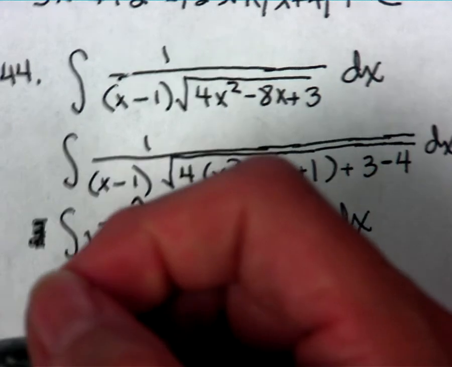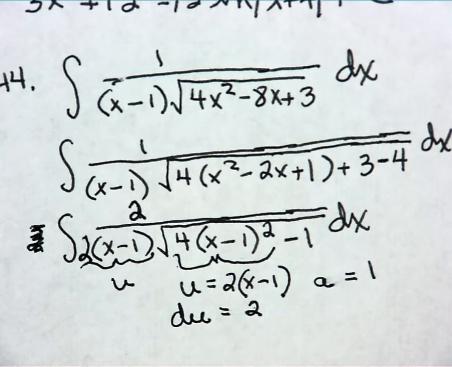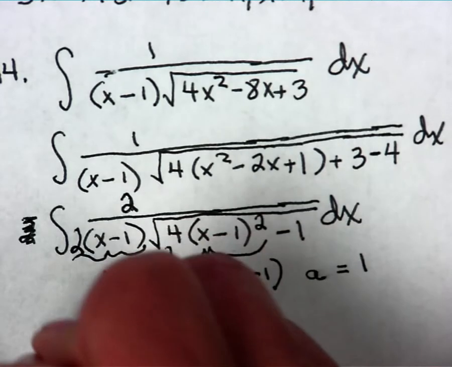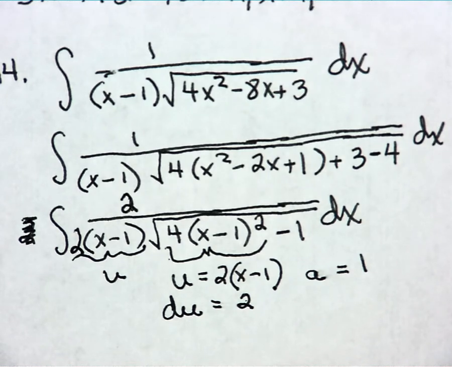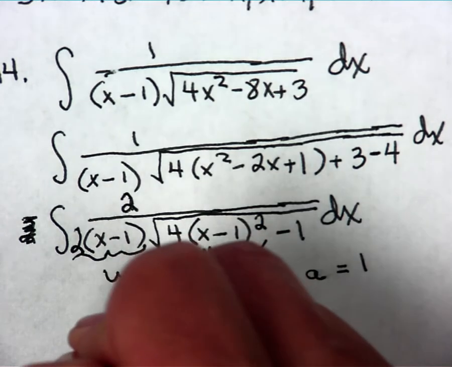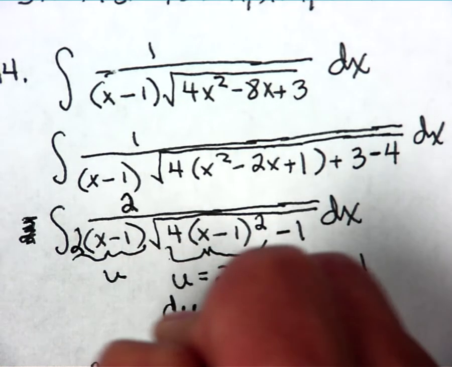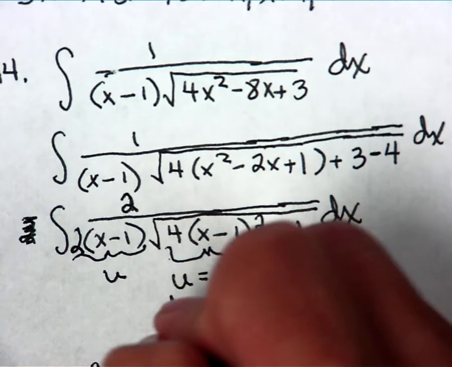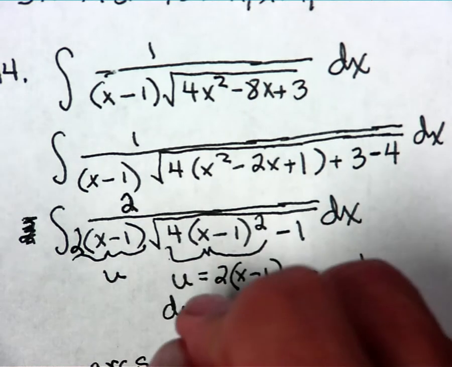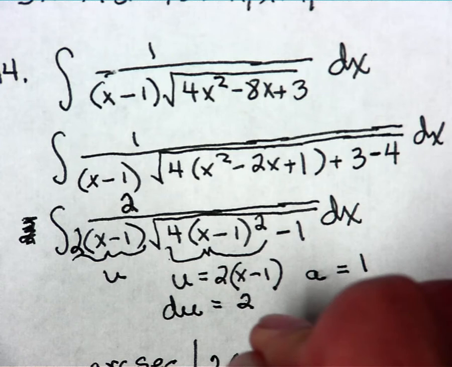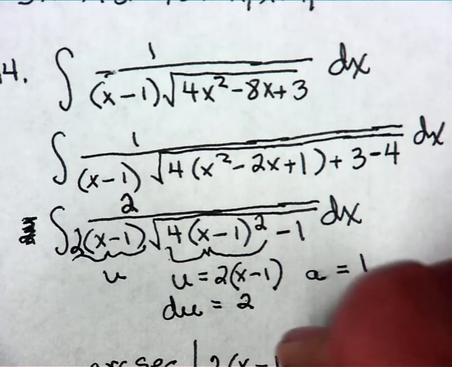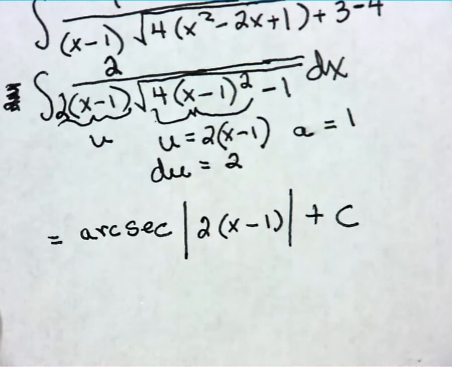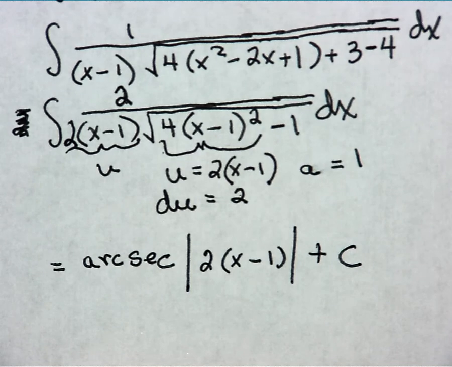And that is, still having a look at my cheat sheet, arcsecant has 1 over a, which is just 1. Arcsecant of the absolute value of u over a, which is just absolute value of u. That's what I got last night.